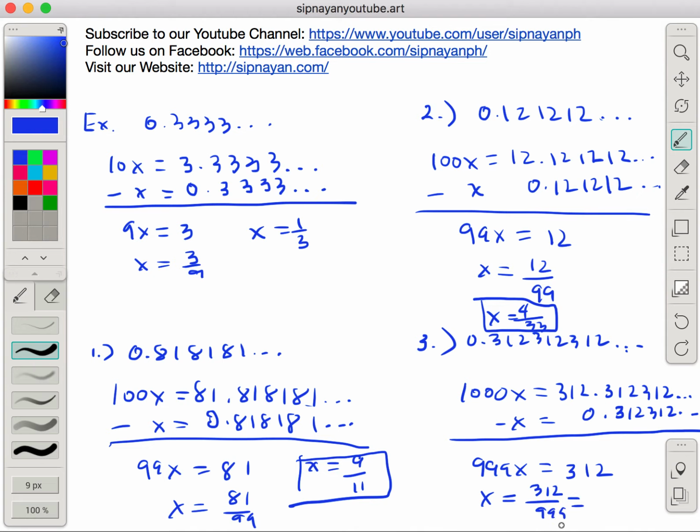To reduce to lowest terms, I think both are divisible by 3. 312 divided by 3 is 104, and 999 divided by 3 is 333. So we have 104 over 333. I don't know if there's a lower form, so I think this is our final answer.